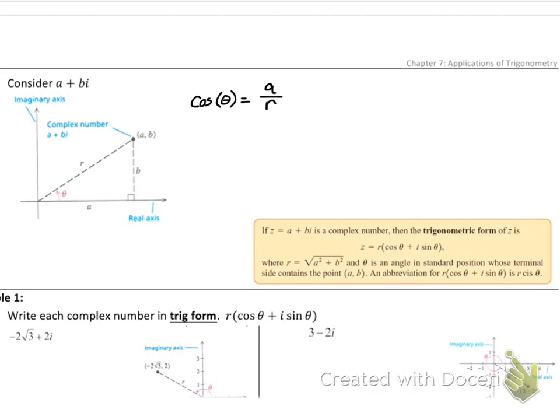Multiply both sides by r, and you're going to see that a equals r times the cosine of theta. Wasn't that the exact same formula used to find the a of a vector?